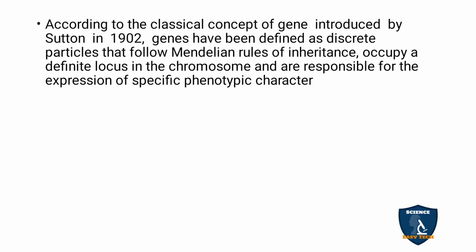According to him, the gene is a discrete particle, as Johannsen said, and they follow the Mendelian rules of inheritance. Sutton and Boveri both gave the chromosomal basis of inheritance. He followed the Mendelian rules that the factors are transmitted from one generation to another generation. This concept was given by Mendel, and Sutton also followed these Mendelian rules.